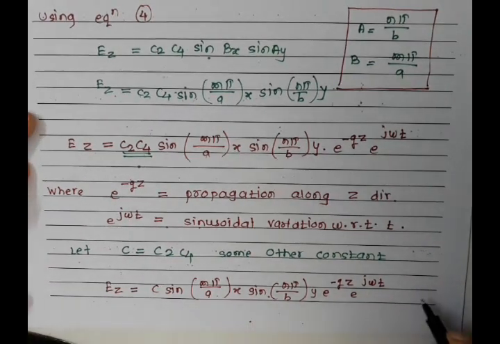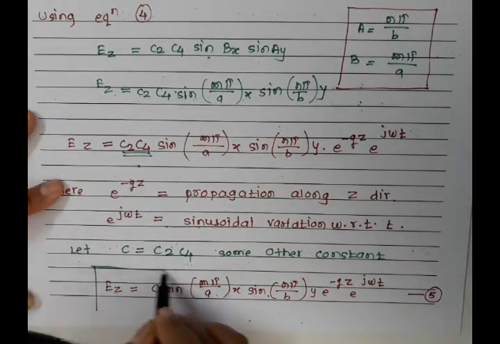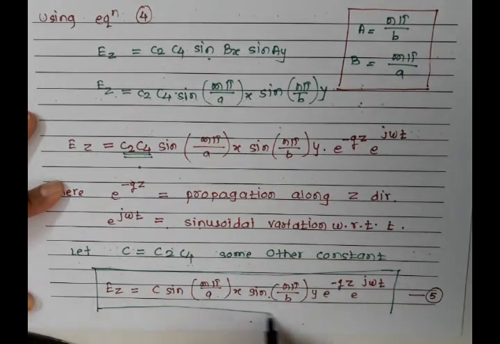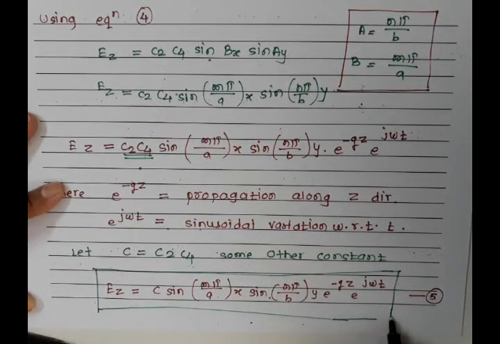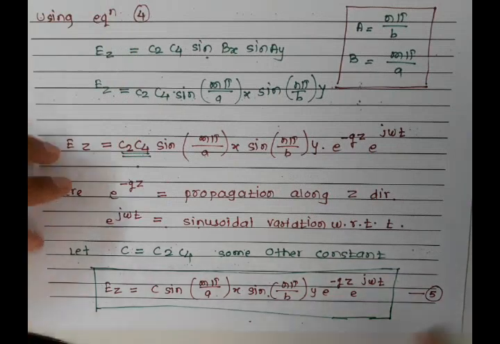Let us give this equation as equation number 5. So I have got this equation. Now if I know Ez, because I am talking about the transverse magnetic field, my Hz component here will be 0, only the Ez component will exist, and I have got the Ez component over there.